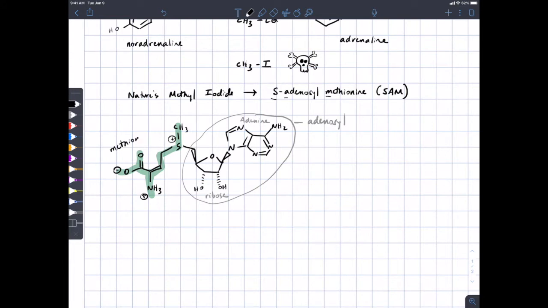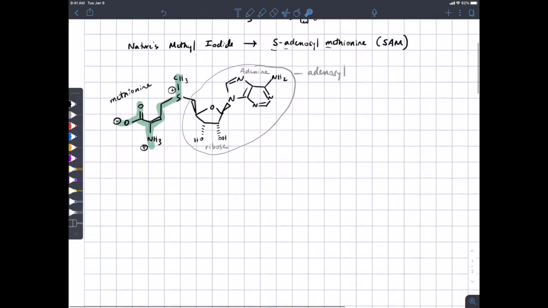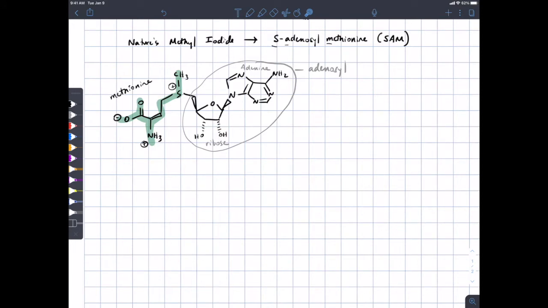Methionine is one of the 20 amino acids, happens to be the amino acid that the start codon codes for. And in this case, combined with the adenosyl group, it makes a really large leaving group that takes the place of iodide.